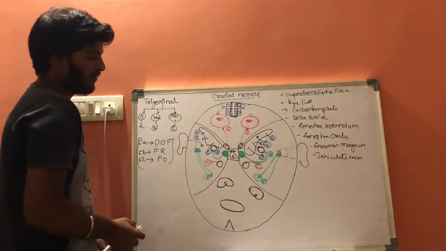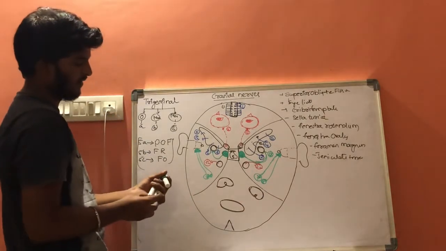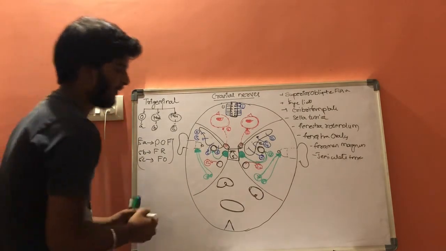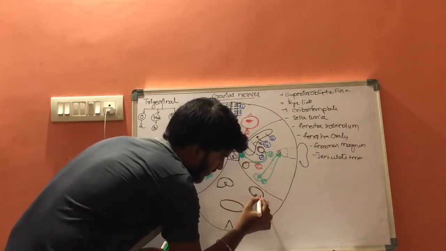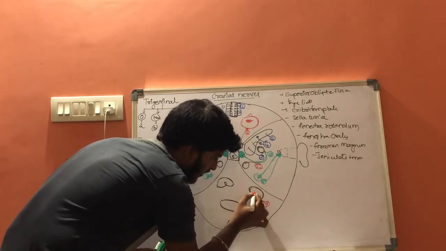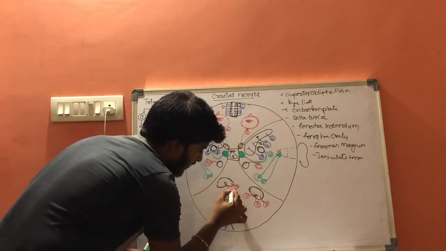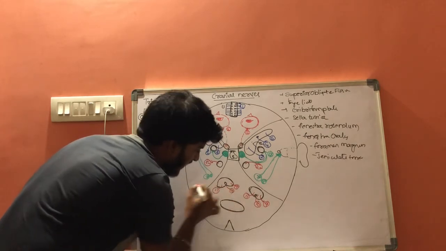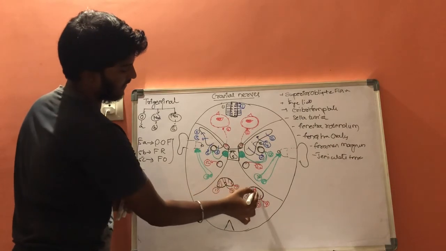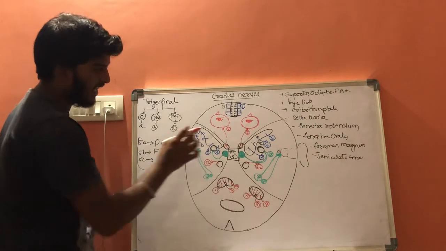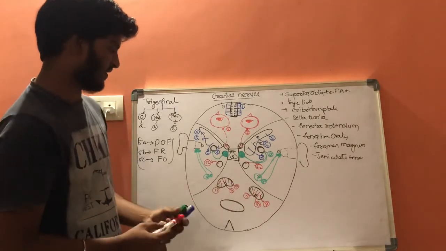So these are the jugular foramens. From these foramens come the 9th nerve, the 10th nerve and the 11th nerve. The 9th pair, 10th pair and 11th pair are coming from the jugular foramens.